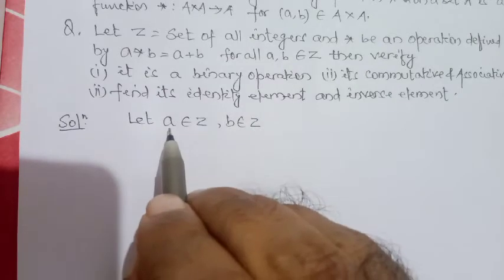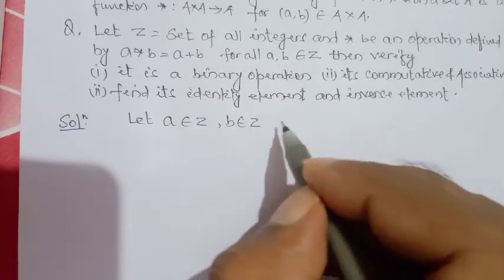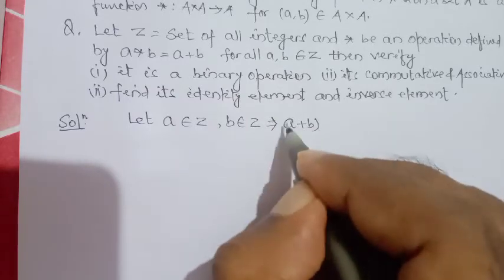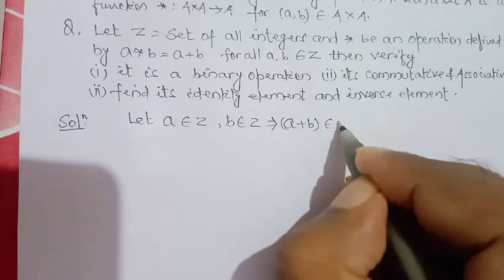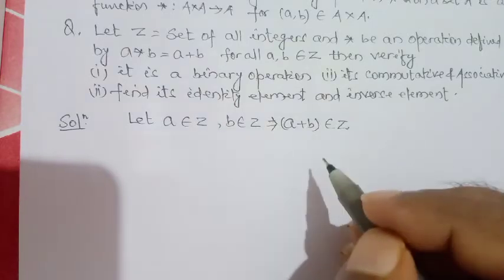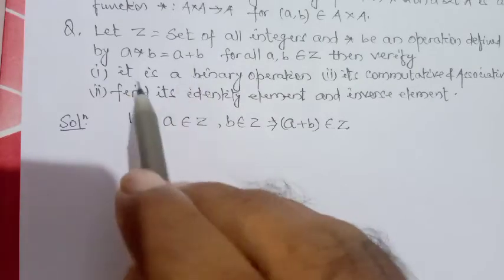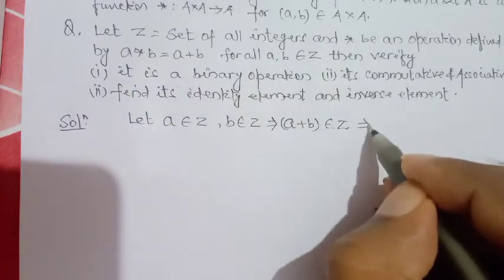So a plus b must belong to Z, and what is given? a plus b is equal to a star b.